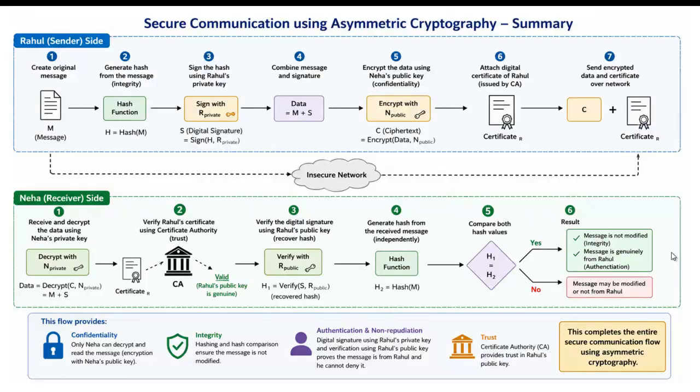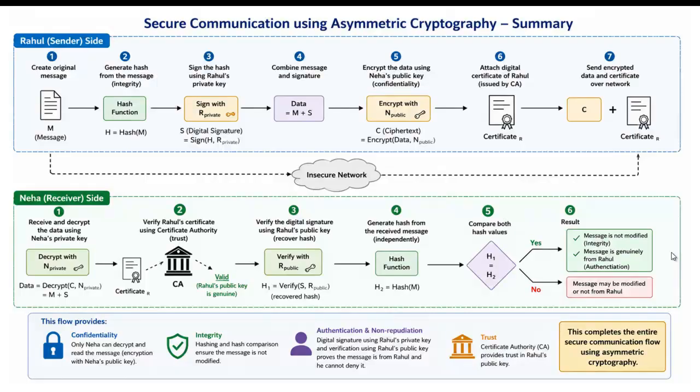Next, Neha independently generates a new hash from the received message and compares both hash values H1 and H2, right? If both hashes match, the message is not modified, ensuring integrity, and the message is genuinely from Rahul, ensuring authentication.